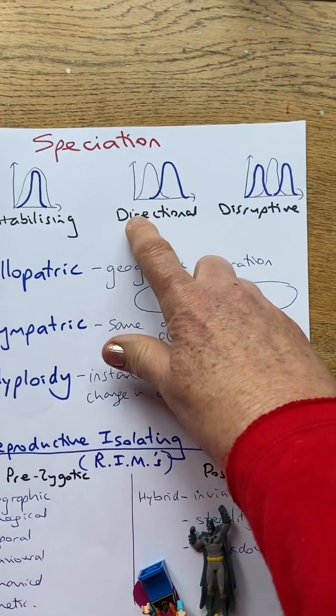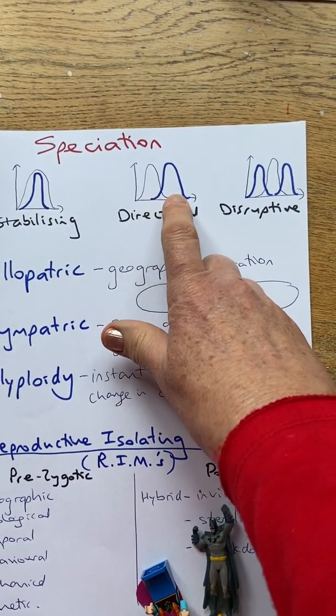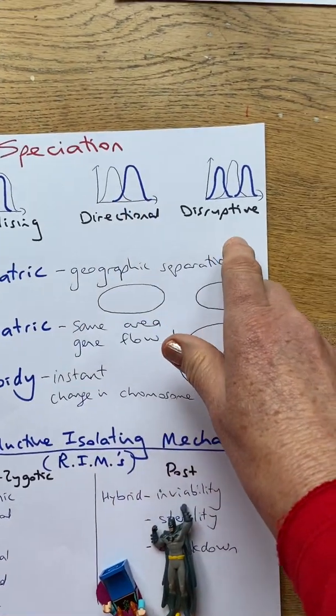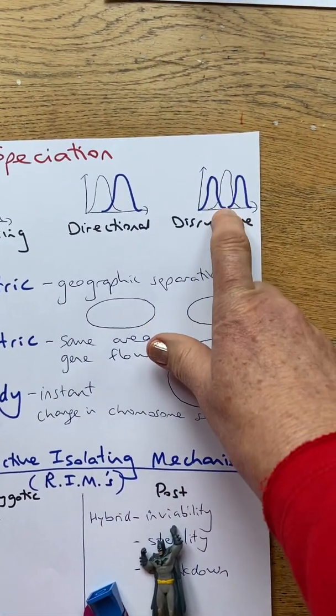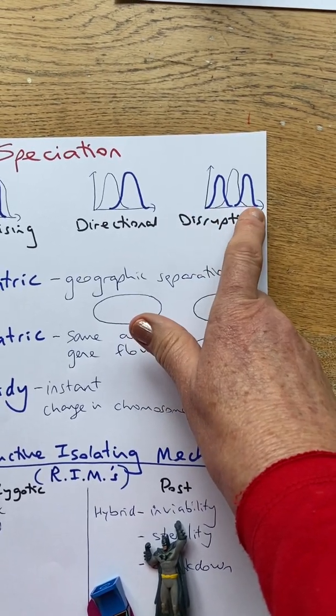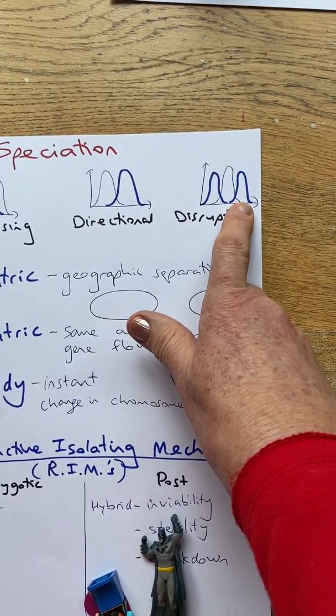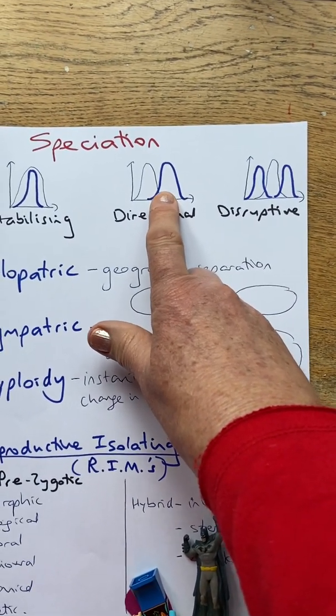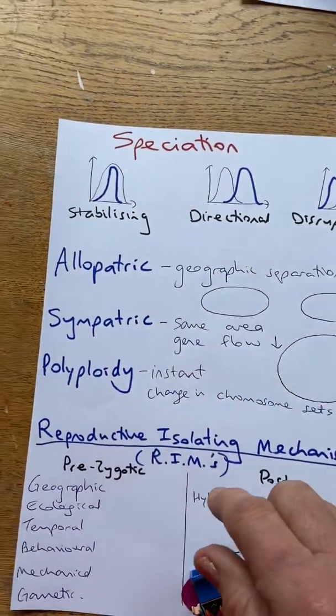It might be directional. Over time the features might change to be more of a type at one extreme or the other extreme of the phenotype, or disruptive, where the middle one is not so useful and ones on the extreme are different, and this will be where you'd get two different species potentially, whereas this one will just be a change, evolution within a species, as with that one.